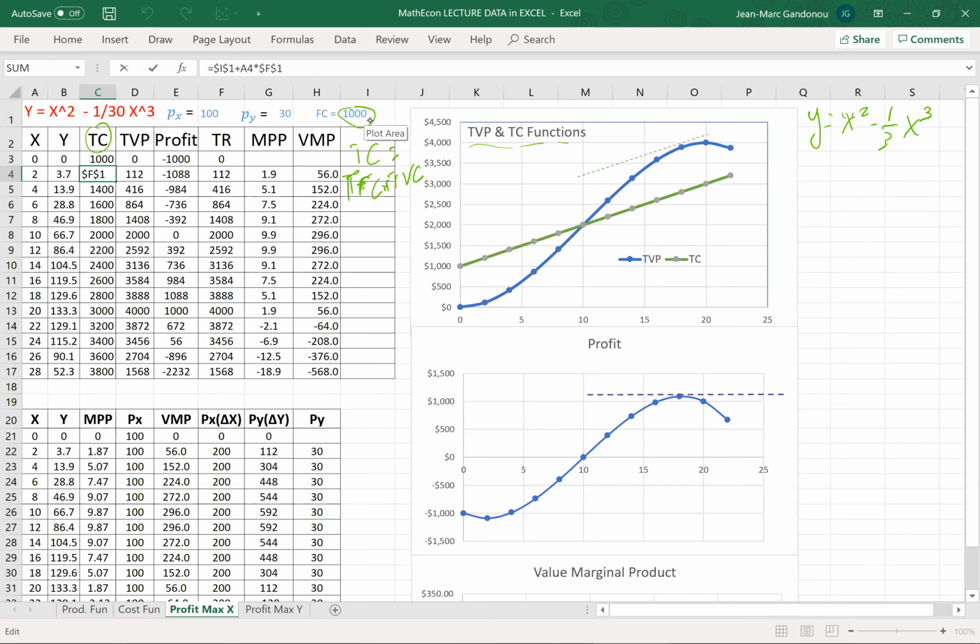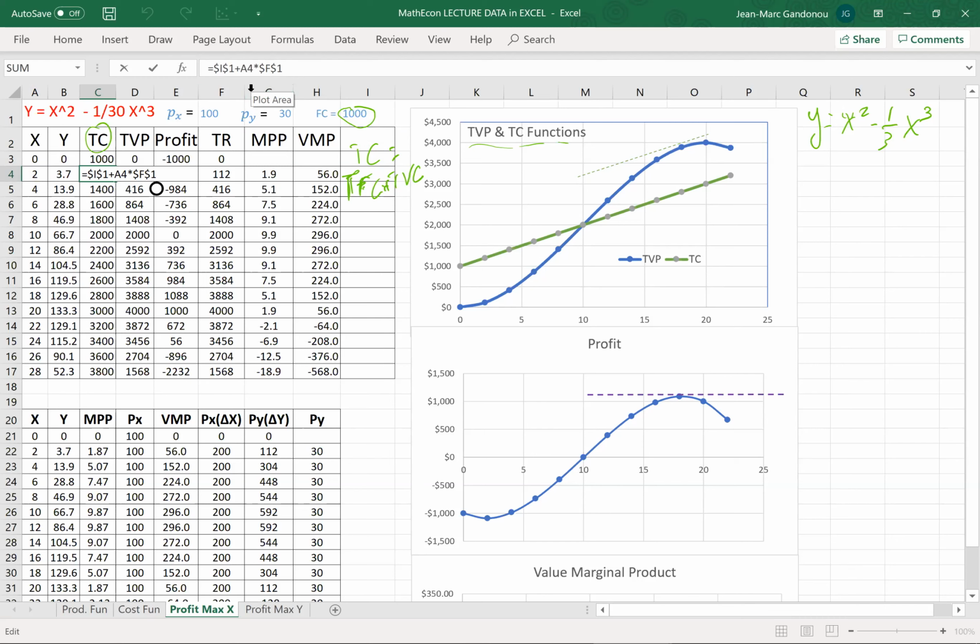The I1 that you see here is my total fixed cost. I put dollar signs around the I, so that when I drag my function down, it locks this cell and I doesn't move. What will be moving are the input cost, and F1 is the price, right?